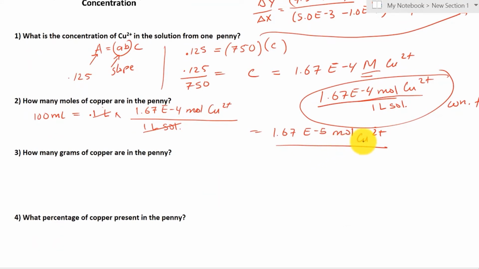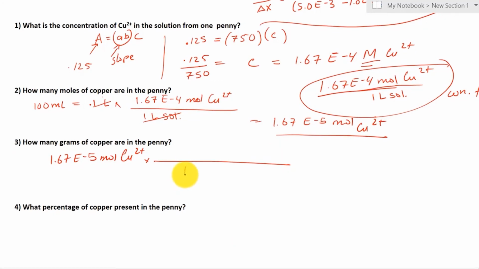Now, how many grams of copper in the penny? If you have moles of copper, just convert it by multiplying by the molar mass. So in this case, 1.67 e to the negative 5 moles of Cu2+ times the molar mass. What's the molar mass of copper? Look at your periodic table, and we find that the molar mass of copper is 63.54.